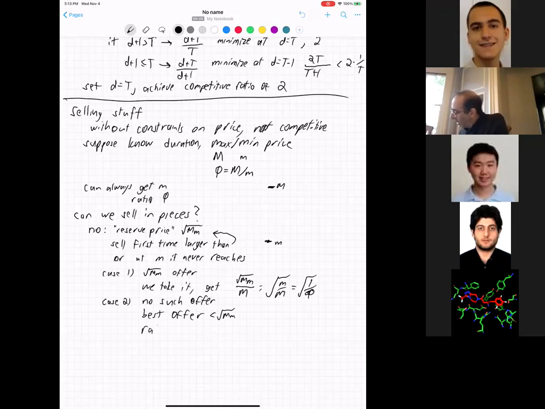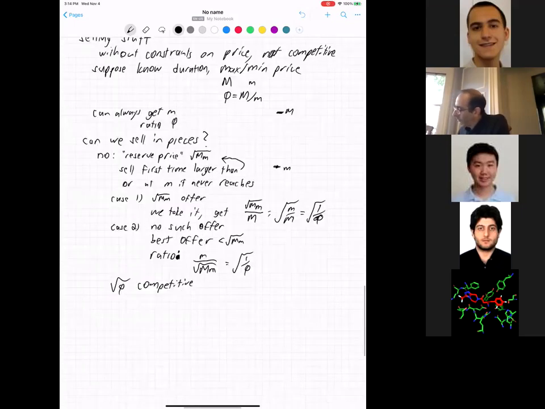And so our ratio is what we sell it for, which is m, divided by the best possible price, which is root mM, which again is root 1 over phi. So either way, we get within root phi of the optimum, and so this is root phi competitive. Make sense?